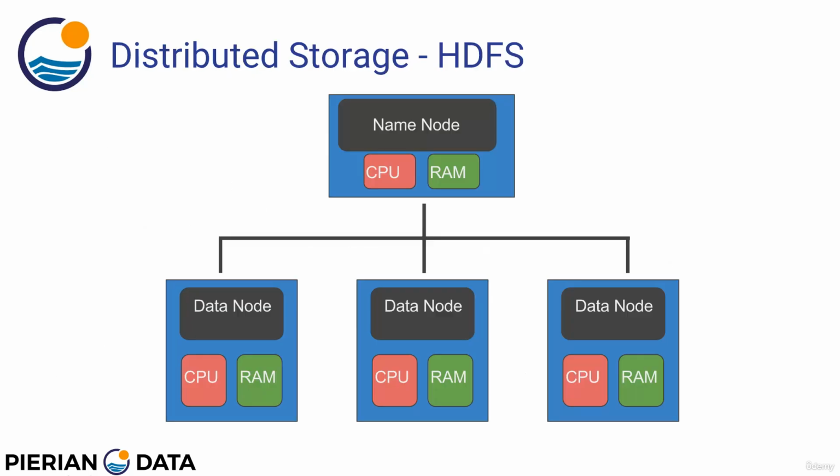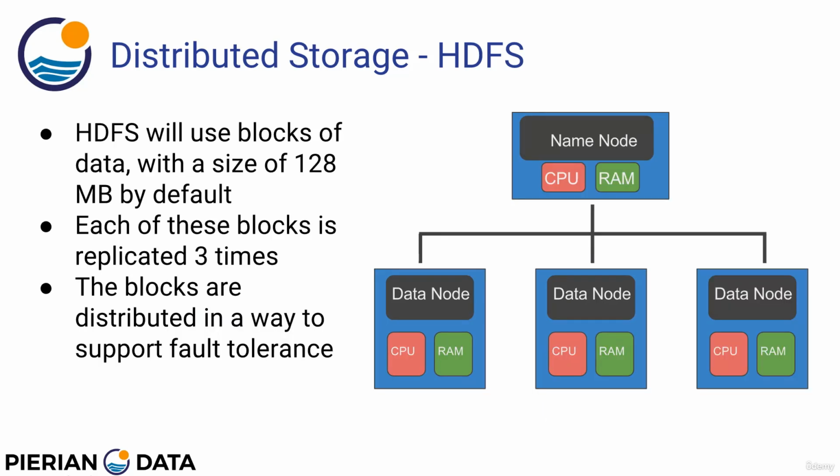Let's go ahead and take a look at what a distributed storage or HDFS system would look like. You would have your main name node with some CPU and RAM attached to it, and then you would have several other distributed machines as data nodes. HDFS will use blocks of data, usually with a size of 128 megabytes by default, and each of these blocks is replicated 3 times.